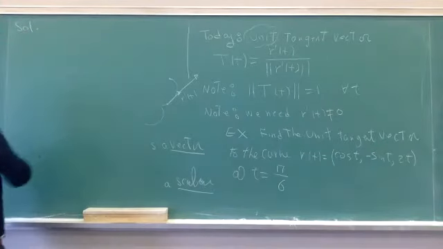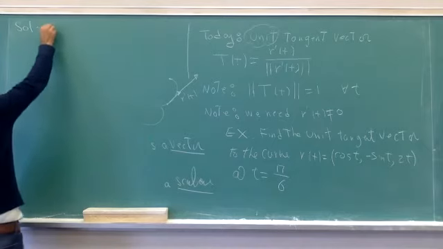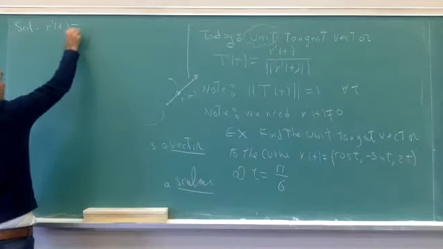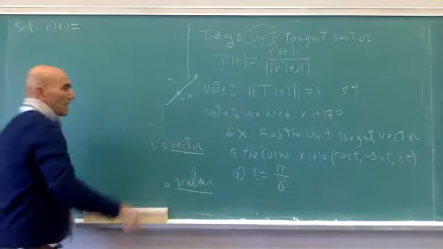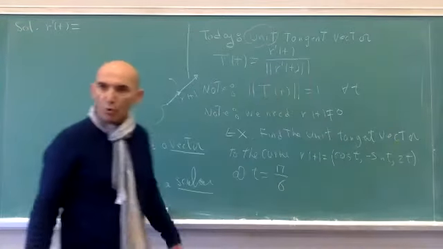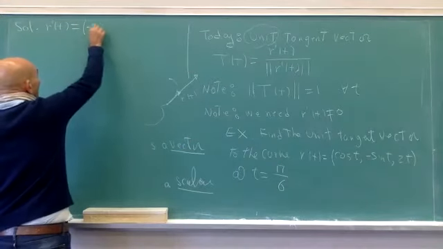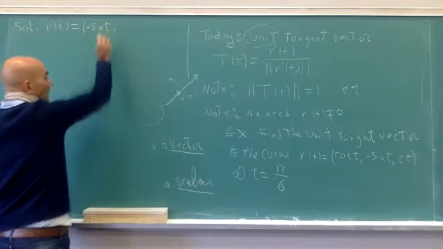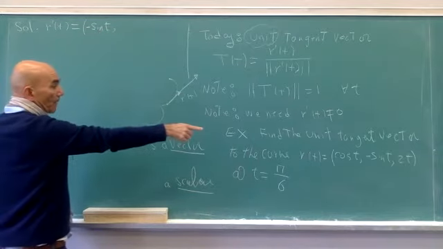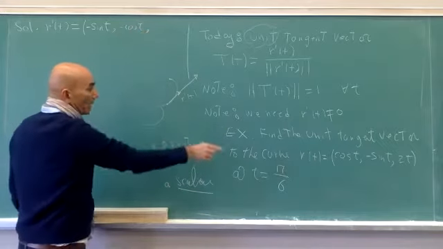So solution. Well, what is r prime of t? We have to take the derivative of this, that, and that, just component-wise. This is equal to negative sine t, then negative cos t, and then 2.